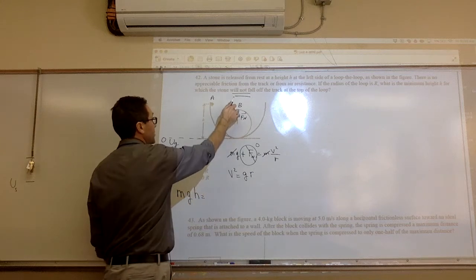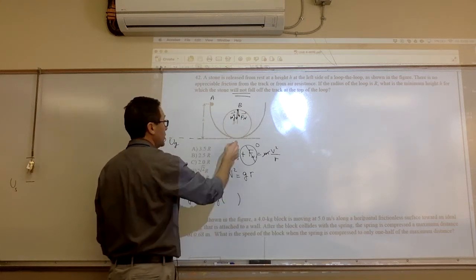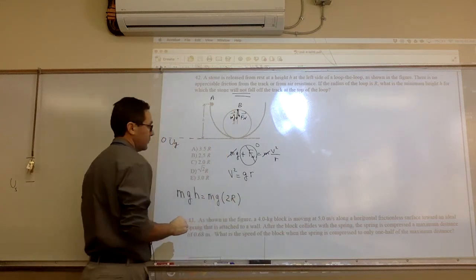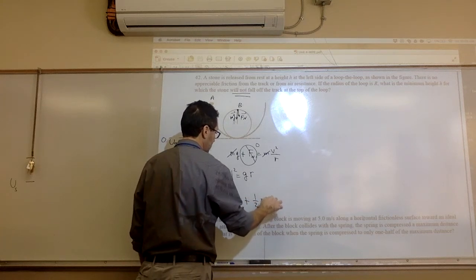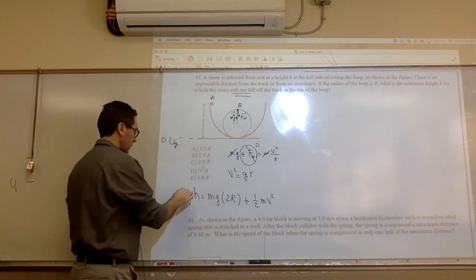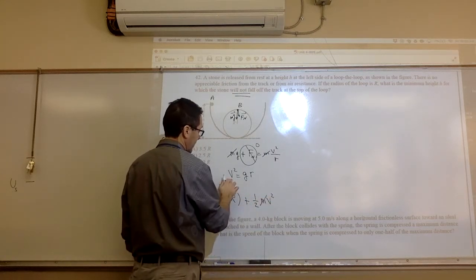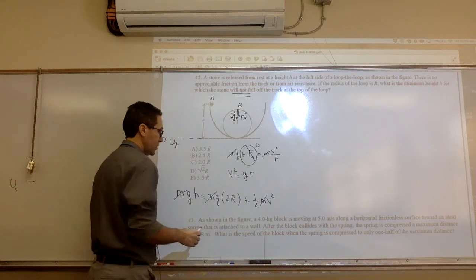Gravitational potential energy here is mg times the new height, which is 2 times the radius, the diameter, plus 1/2 mv squared. So I can divide everything by the mass. I'm not going to solve for v. I want to solve for v squared and maybe do a little substitution here.